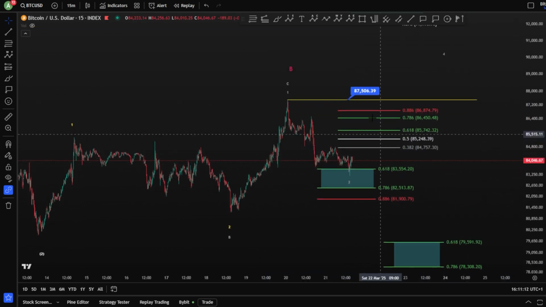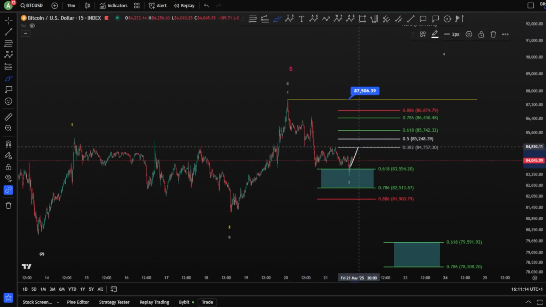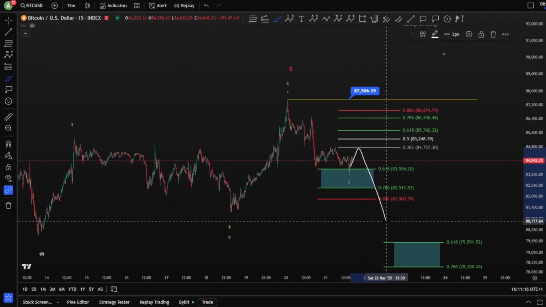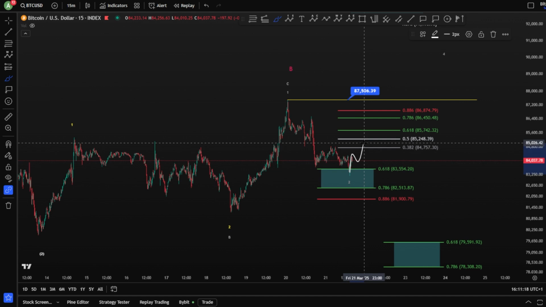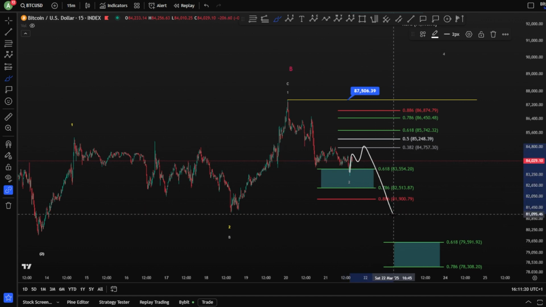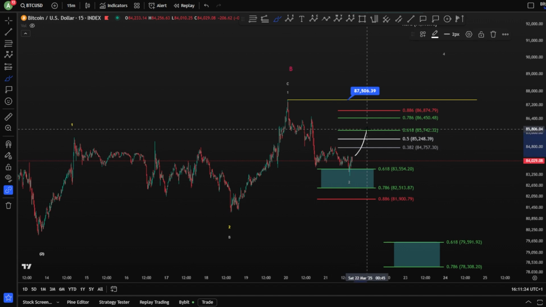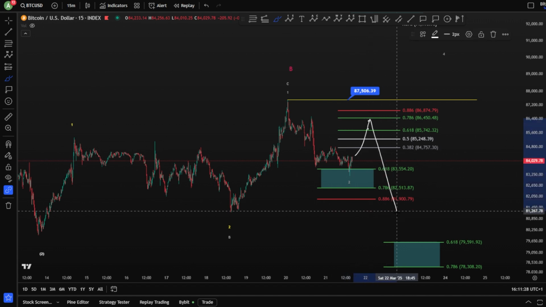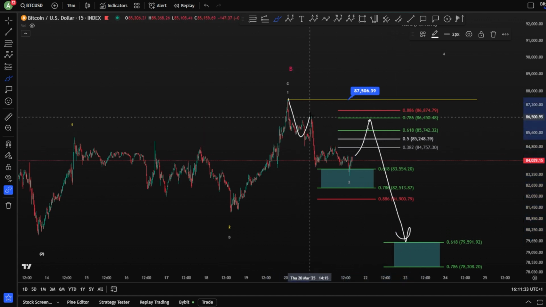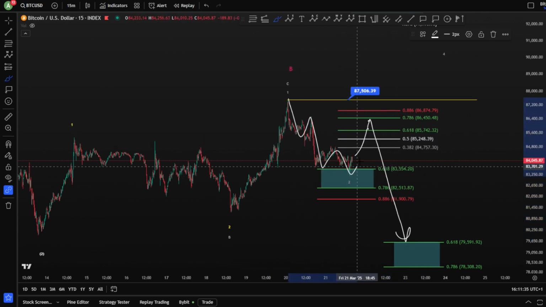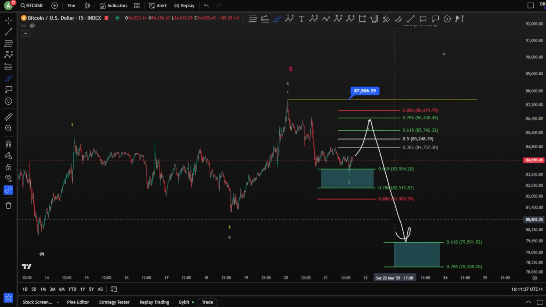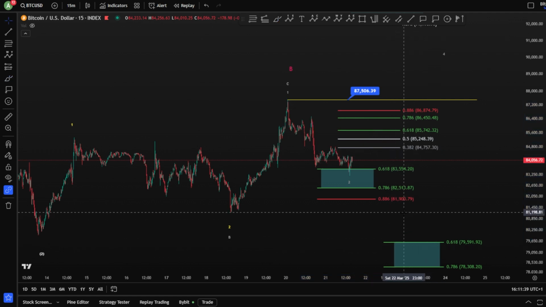Starting from the 0.38, it can unfold a wave 2 toward the downside, meaning A, B, C. Also potential to move to the 0.618 or 0.786, nobody knows, and then continuation toward the downside. Meaning now still higher potential for this impulse to unfold, a 1, 2, and moving lower.